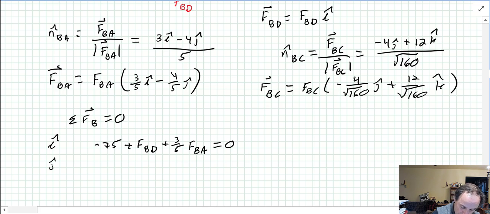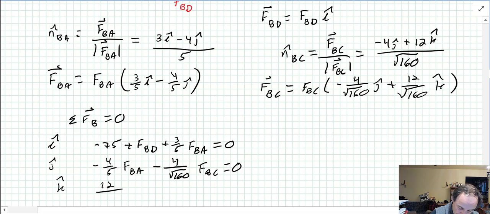In the J direction, I have minus 4/5 FBA minus 4 over square root 160 FBC, that equals 0. And in the K direction, I have 12 over square root 160 FBC is equal to 0.